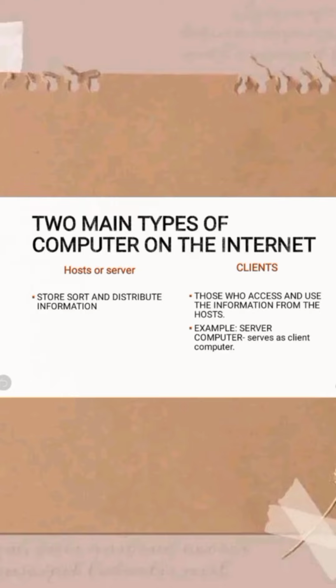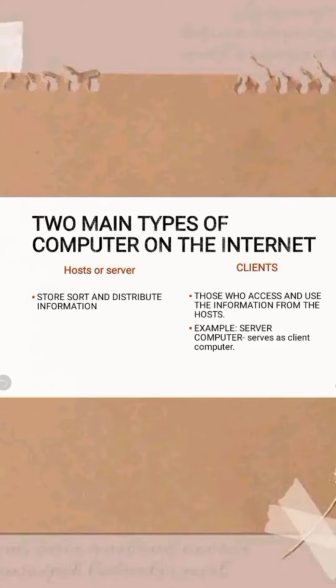And we have here two main types of computers on the Internet. So, host or server and the clients. The host or server stores, sorts, and distributes information. So when you hear the words storage of information and distributing information, that is the host.